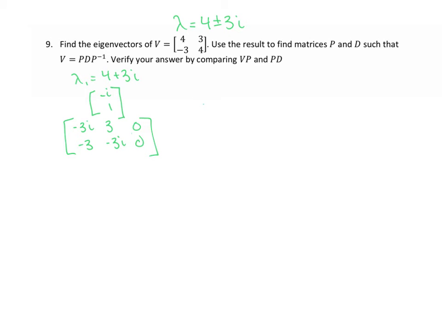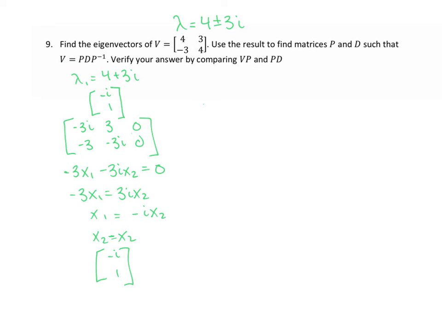So if I take that second line, negative 3x1 minus 3i x2, negative 3x1 equals 3i x2. x1 is negative i x2. So if x1 is negative i x2 and x2 is x2, that's going to give us the vector negative i, 1.